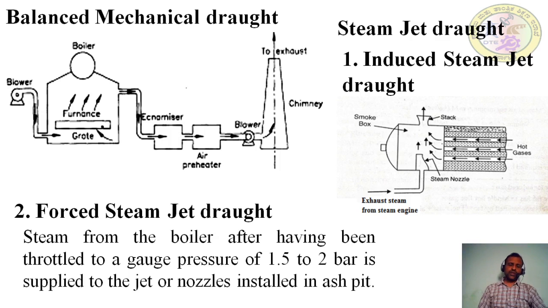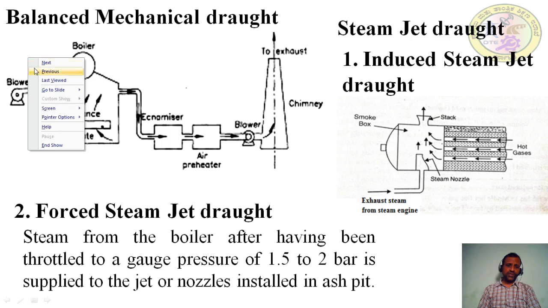Now we can see the balanced mechanical draught. As soon as you see the picture, it is a combination of both forced and induced draught, because a blower is placed here before the furnace.